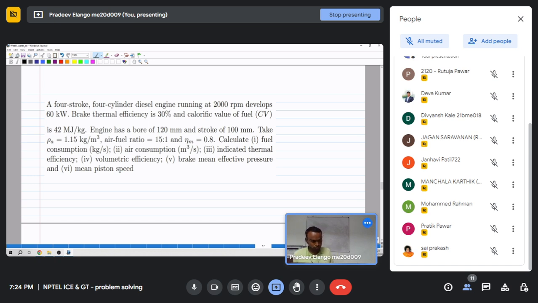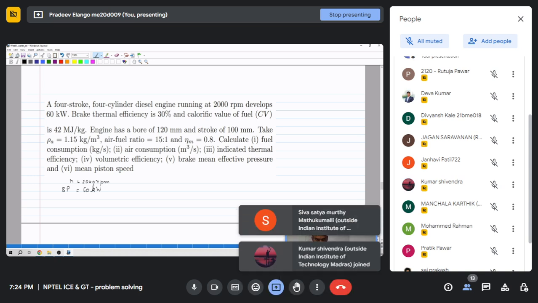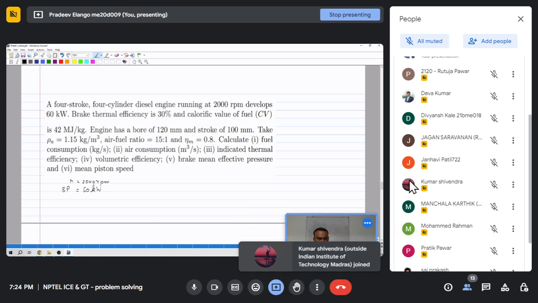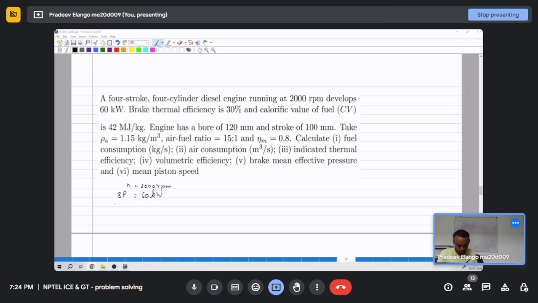So we have N as 2000 rpm. Brake power is equal to 60 kilowatt. Brake thermal efficiency is 30%.